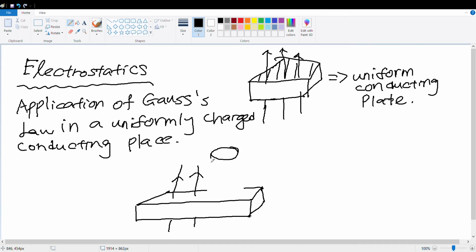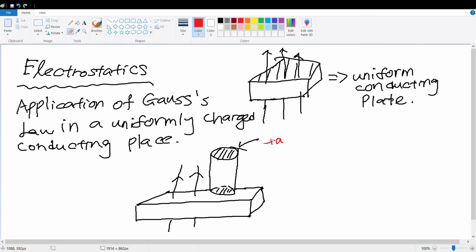This is my Gaussian surface, which is a cylinder. The surface area for our Gaussian surface is this one, and what we consider is the bottom surface area.